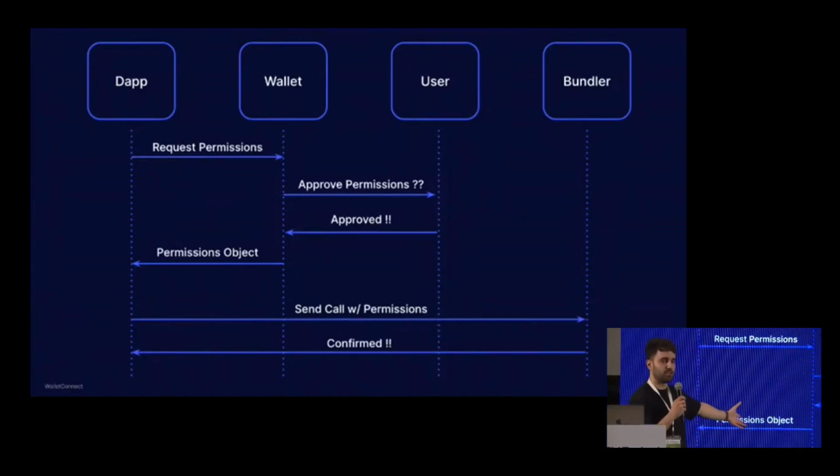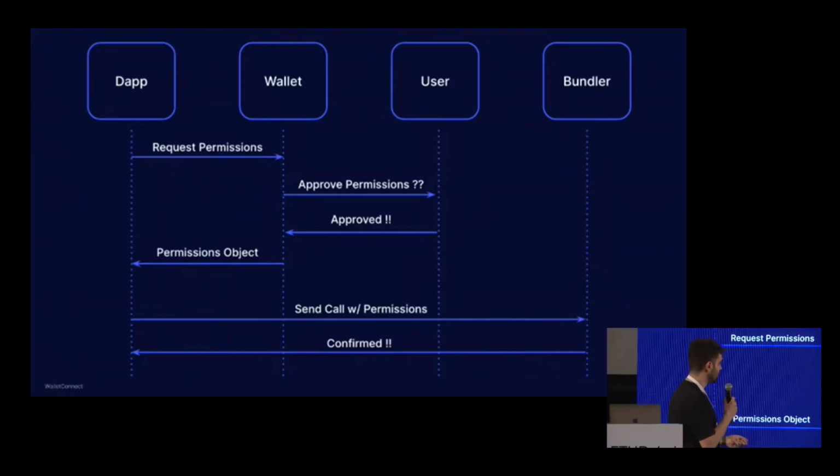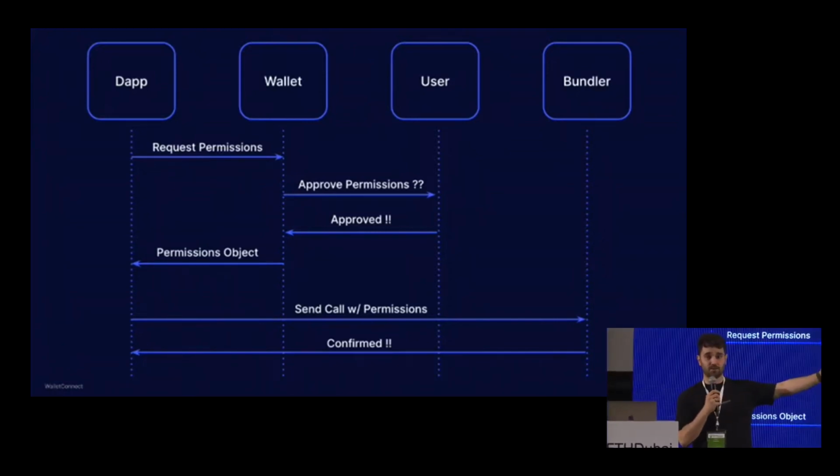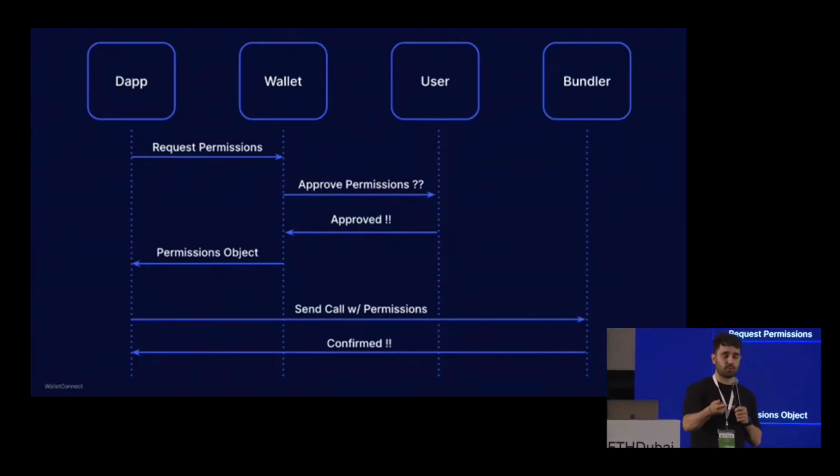This generates a permissions object that the wallet offers to the dApp, and then the dApp can have its own key for your smart account that will sign transactions. And then we skip the whole pattern of talking to the wallet, because we have a user operation builder, we have a paymaster service, and the dApp has all the information it needs to actually talk to the bundler directly.